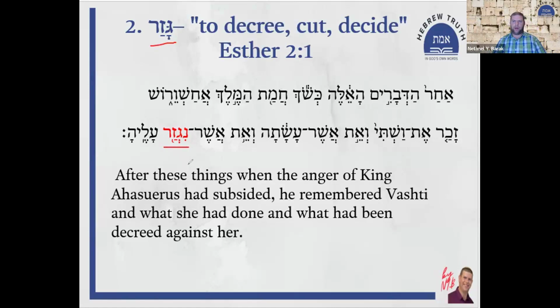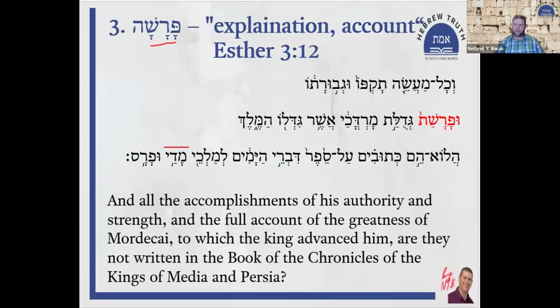Very rare, even though the root exists in biblical Hebrew. So these are two examples in the Book of Esther for the influence of the Aramaic over the Book of Esther.